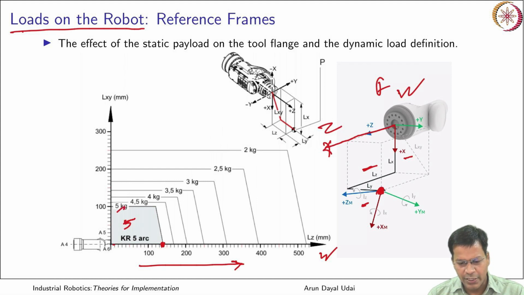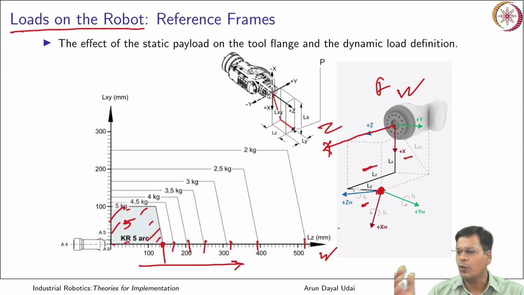Up to here it can manage the 5 kg payload. If you take it further away along Z, your payload gets reduced. You can carry less load in this case: 4.5 kg, then 4 kg, 3.5 kg, 3 kg, 2.5 and 2 kg.